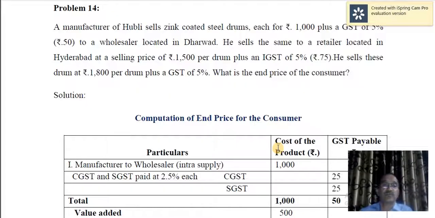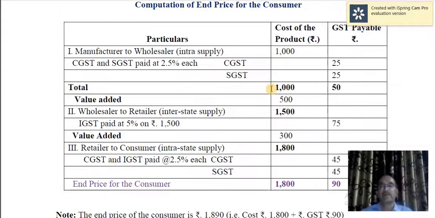Then it is sold to the consumer, and it is sold for 1,800. So 1,500 to 1,800 means value added is 300. And previously 1,000 to 1,500, value added in between is 500. So here 1,000 plus that 500 value added, as a result, you will get 1,500. And 1,500 is sold for 1,800.